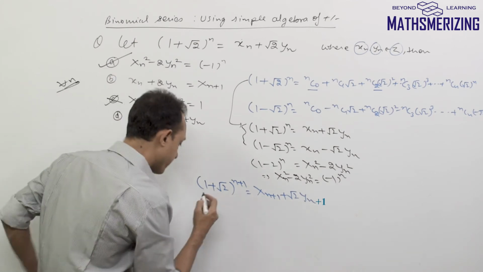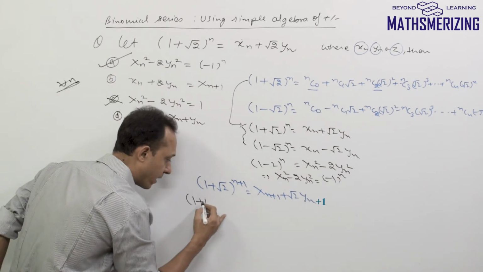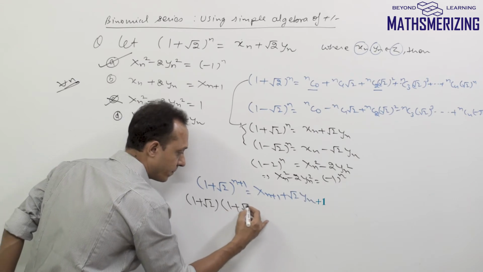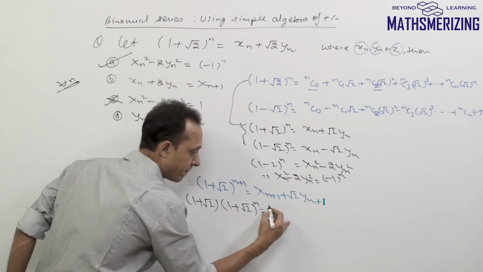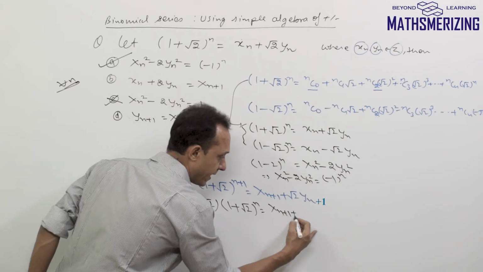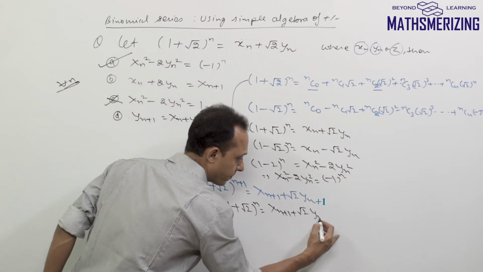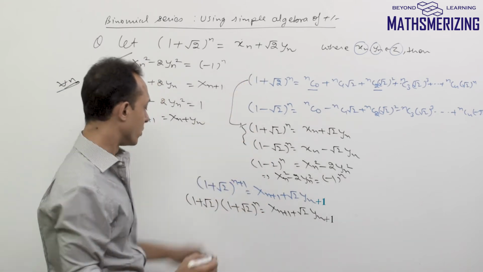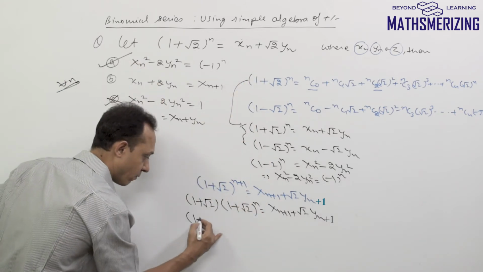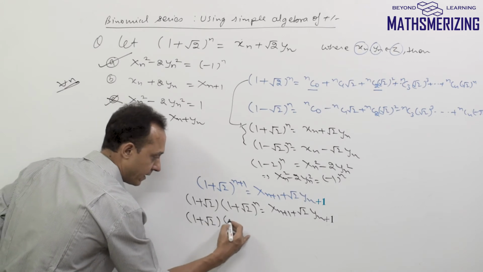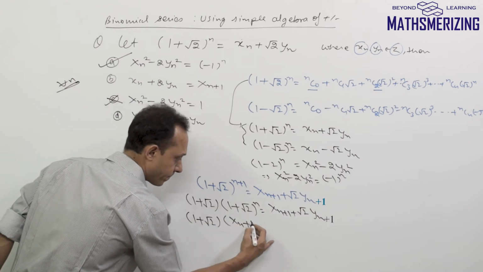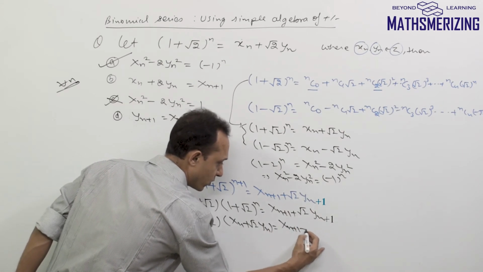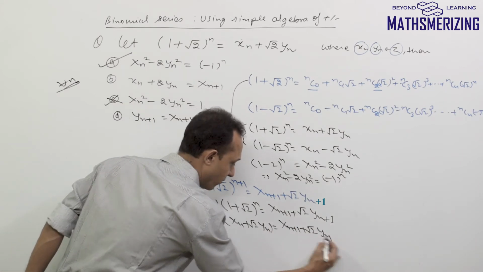Now I can write (1 + √2)^(n+1) as (1 + √2) into (1 + √2)^n, and this should be xn+1 + √2 yn+1. So now I'll put this value, and this value is xn + √2 yn. So I'll write it as (1 + √2)(xn + √2 yn), and this is xn+1 + √2 yn+1.